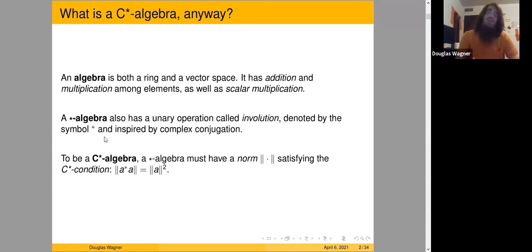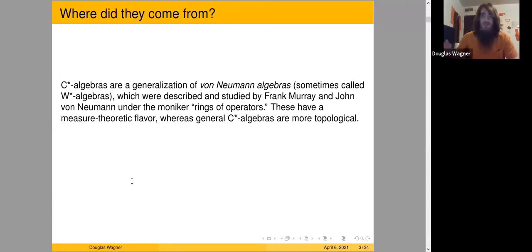To get a C-star algebra, we need a norm, which measures the size of the elements, and it has to satisfy a special property which looks innocuous, but is actually very powerful. C-star algebras are a topological version of a measure theoretic thing from Murray and von Neumann called rings of operators, but which are now known more as von Neumann algebras.